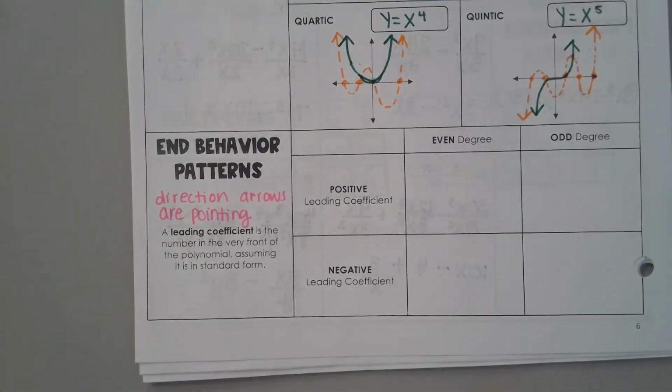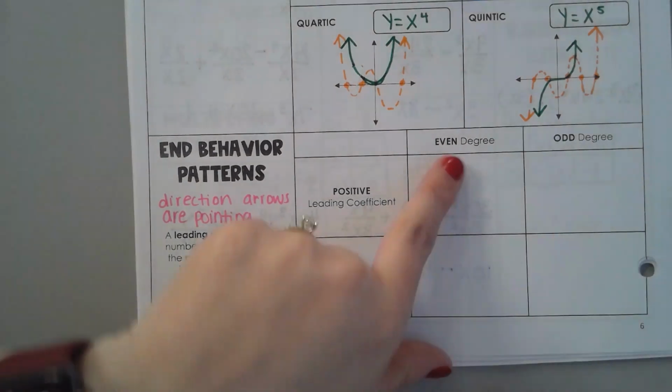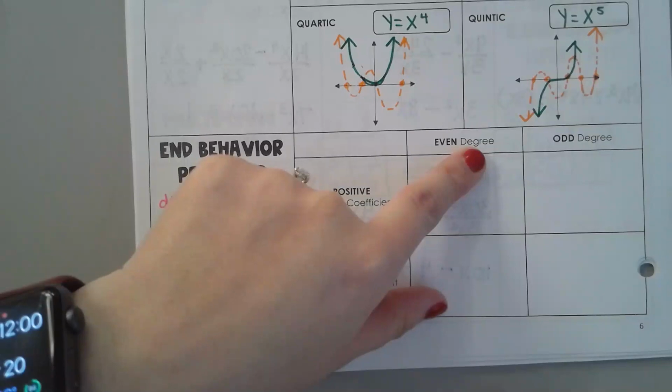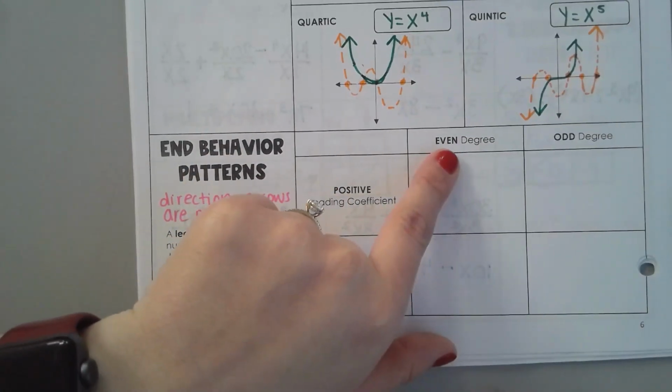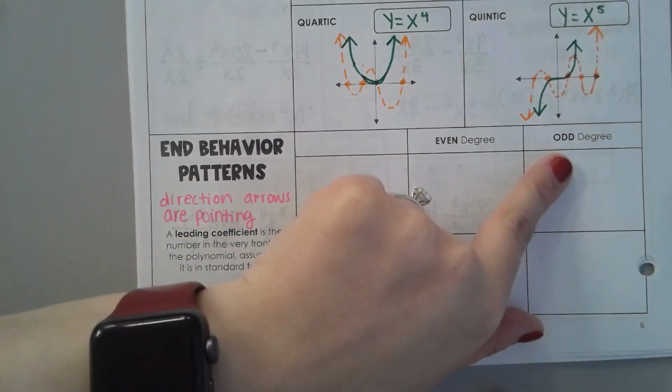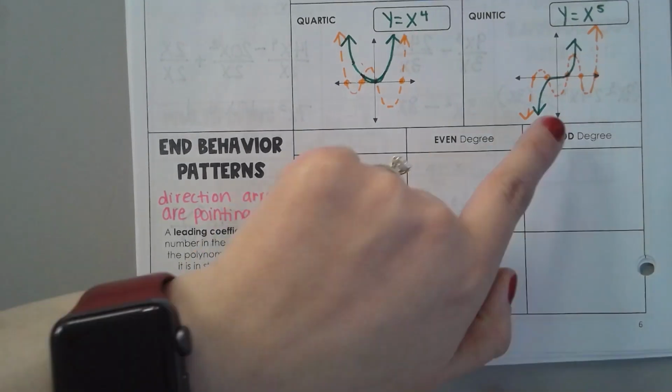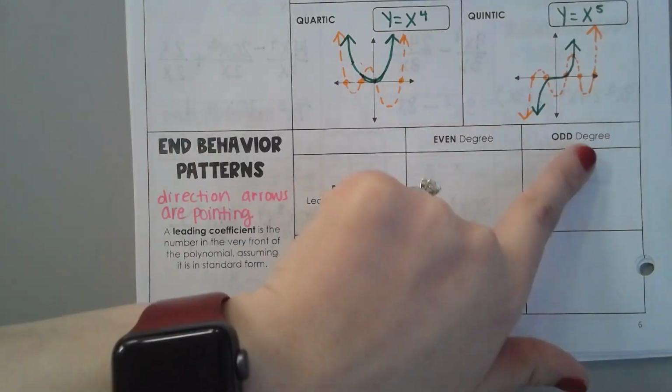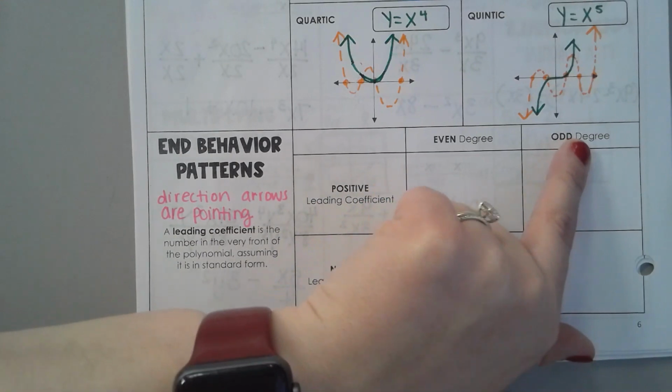And I can tell this by looking at 2 things. Number 1, looking at the degree, I want to know if the degree is an even or an odd number. So is it 2, 4, 6, 8 or is it 1, 3, 5, 7, 9?